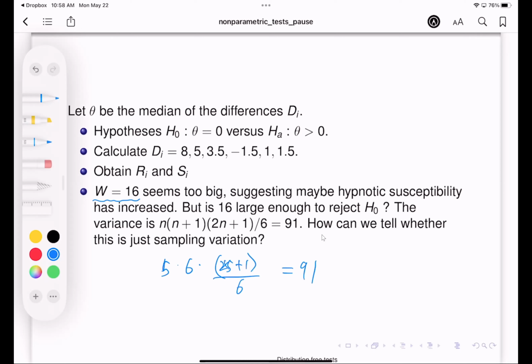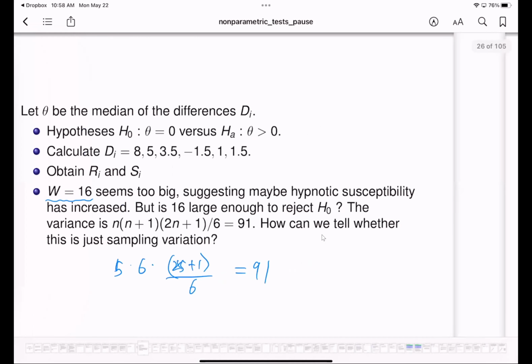So the standard deviation is about 9.5. If the standard deviation is over 9, then observing 16 is only about 1 standard deviation above the mean of 0. So we don't really know whether this happened by chance or is really significant. So we'll use probability to quantify that.